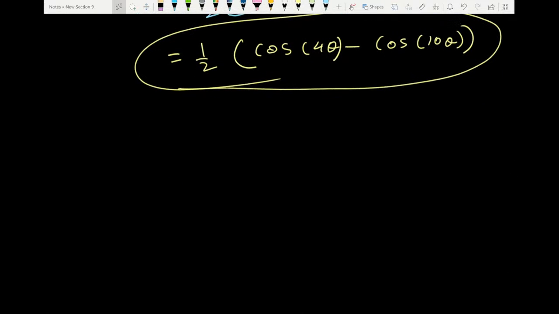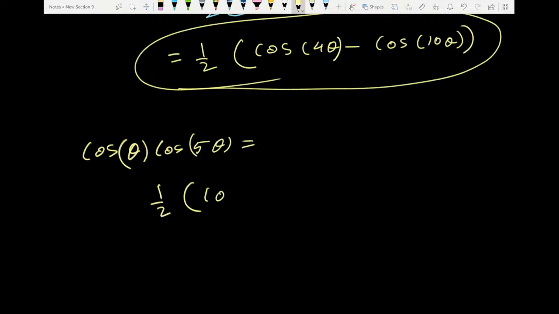All right, let's try another one. Cosine of theta and cosine of 5 theta. Again, alpha and beta. So we get 1/2 of cosine of theta minus 5 theta.